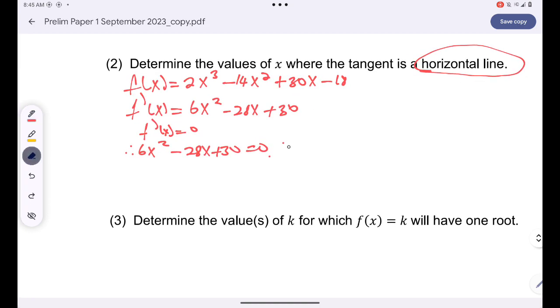You can divide each and every term over there by 3. You'll end up having 2x squared minus, what is 28 divided by 3? 28 is not divisible by 3. Okay, let's just find factors over here. I'm looking for the factors that will give me 28 whenever I add them. So I'll have 6.